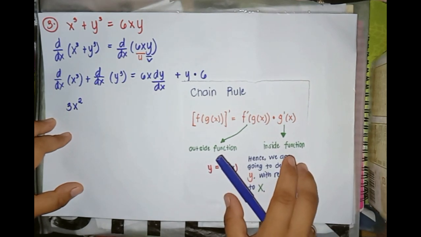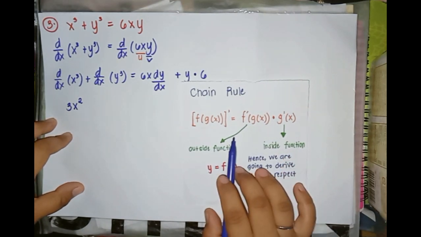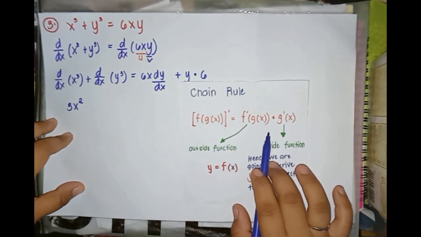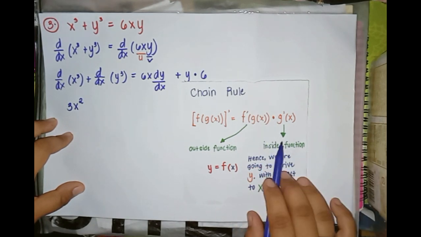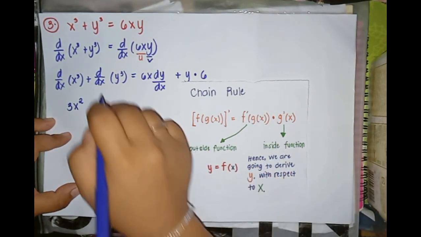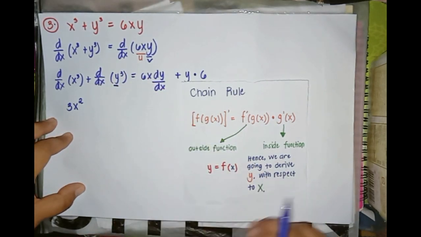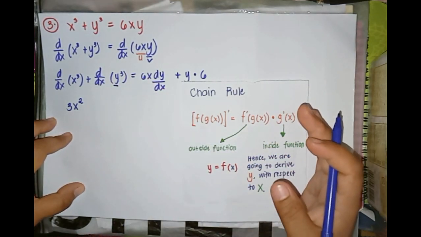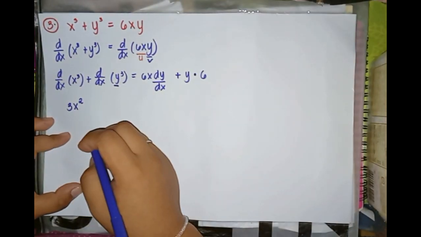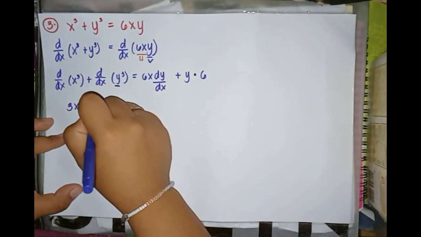We are going to use the chain rule, which is the derivative of the outside function multiplied by the derivative of the inside function. So we are going to treat y as the inside function and derive it in terms of x. So first, let's get the derivative of the outside function of y cubed.